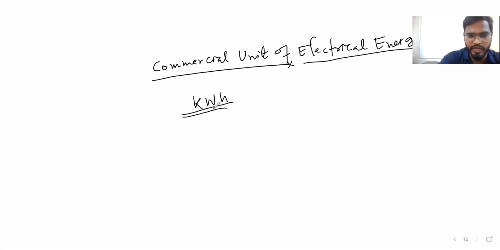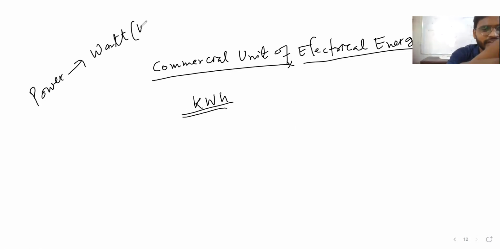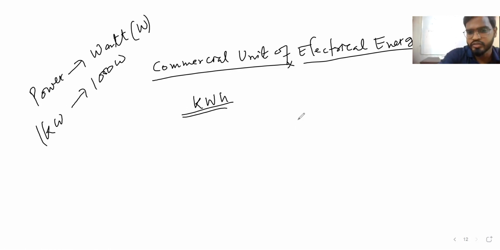Let's see what is kilowatt hour. Kilowatt is what? 1000 watt. Power unit is what? Watt, right? Power unit we didn't discuss. So that is anyway watt. We are denoting W. 1 kilowatt is how much? 1000 watt. Okay, so 1000 watt.